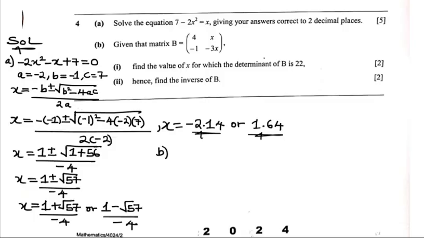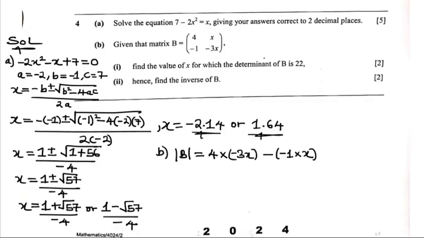To get the determinant of B, we multiply elements in the major diagonal, then subtract the product of elements in the minor diagonal. So this simply means 4 times -3x, then subtract the multiplication of elements in the minor diagonal, which will involve -1, then times x.